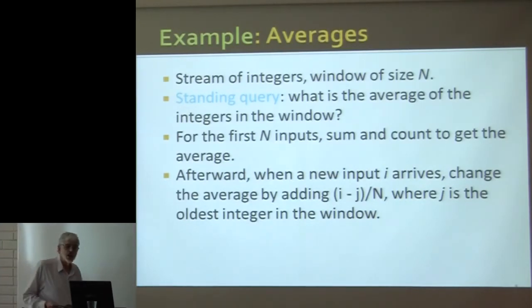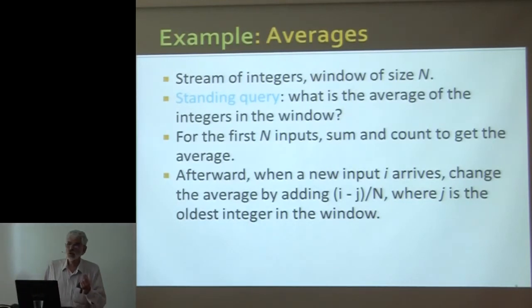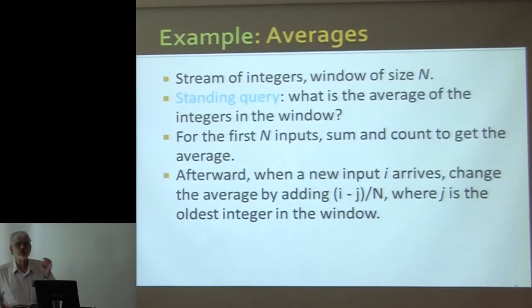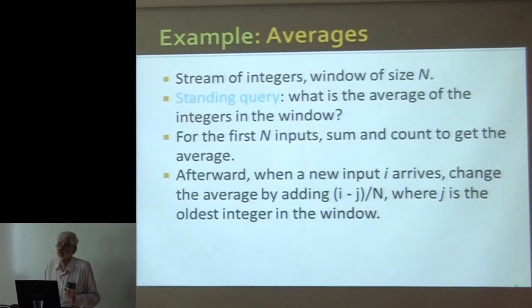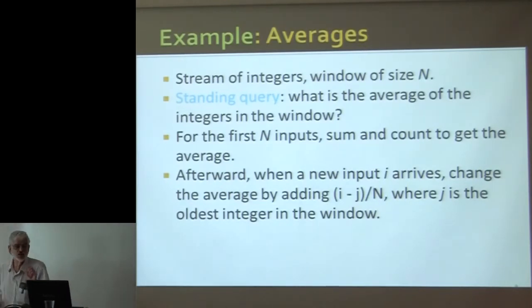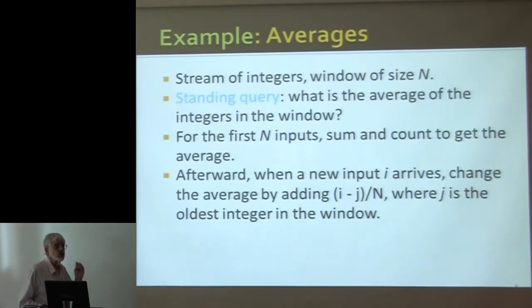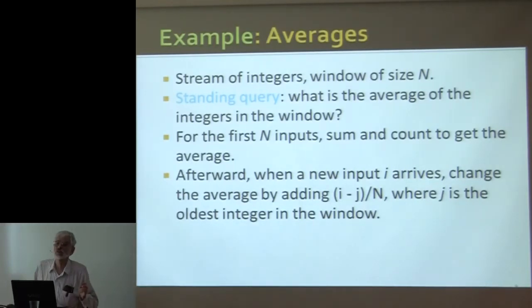Let's say that that's J. So you're adding I, and you're subtracting J from the sum. The count doesn't change. So to get the average, you can update it by simply taking I minus J, dividing it by n, and adding that to the previous average, and that gives you the increment in the average. Okay, so that's not that hard. And again, it's just 3 arithmetic steps per input. Okay, should be feasible.